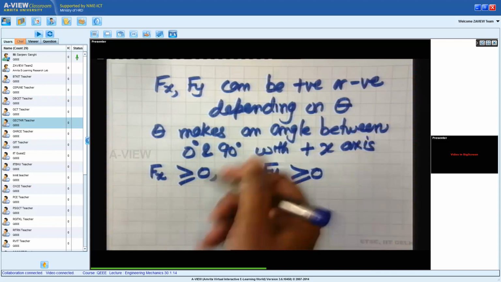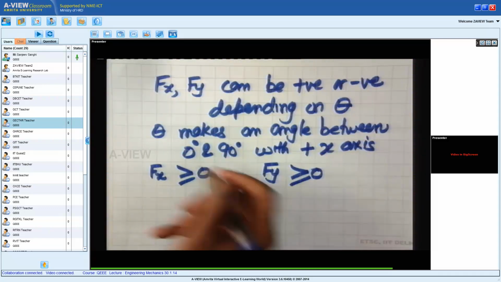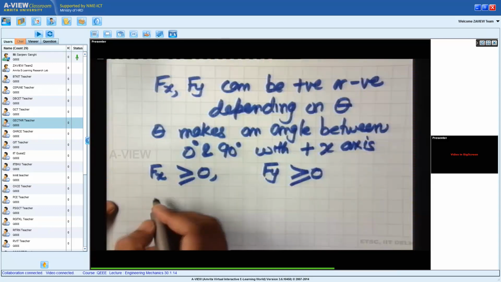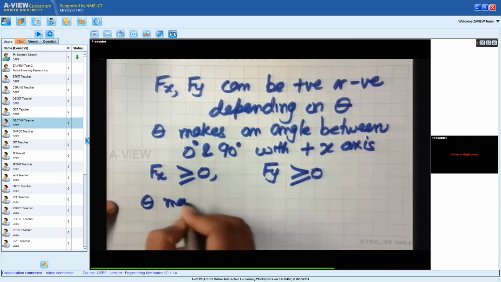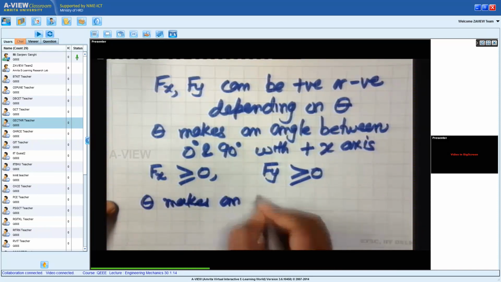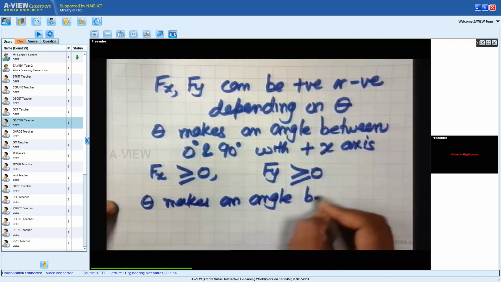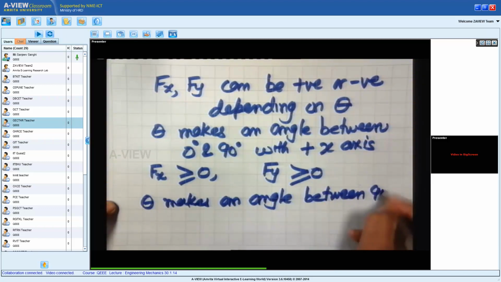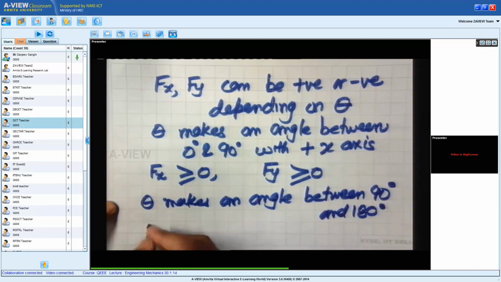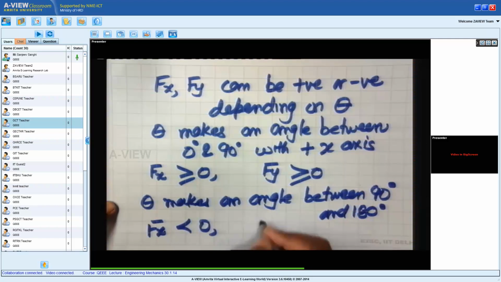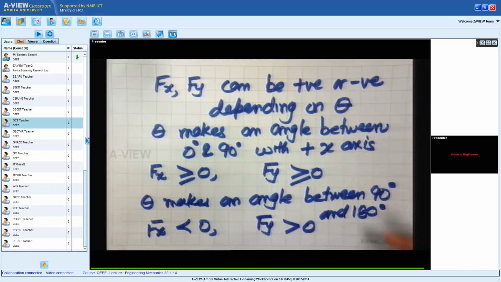In fact, it will be strictly greater than 0 if theta is not 0 or 90. Now, if theta is between 90 degrees and 180 degrees, then Fx will be less than 0 and Fy will be greater than 0. And for the exact case when theta is equal to 90 or 180, then the equality sign would come in along with the inequality sign.